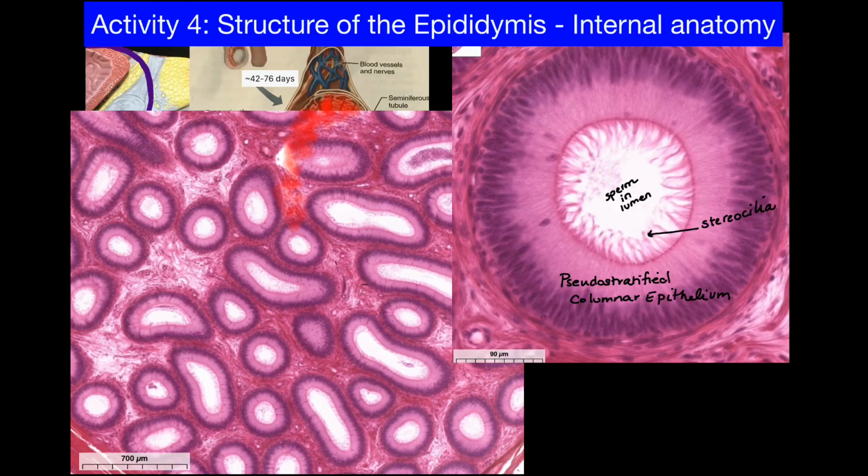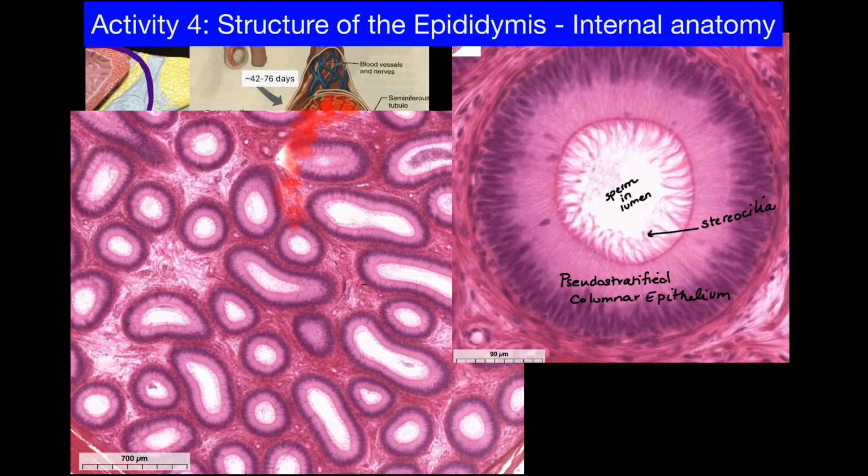So these little structures help to increase the surface area of the epithelial cells. And these cells act to absorb fluid that's hanging out in the lumen. So the whole point of this is to allow our sperm to mature, but it's also to absorb some of the fluid within the lumen at this point so we can have lots of concentrated sperm cells.